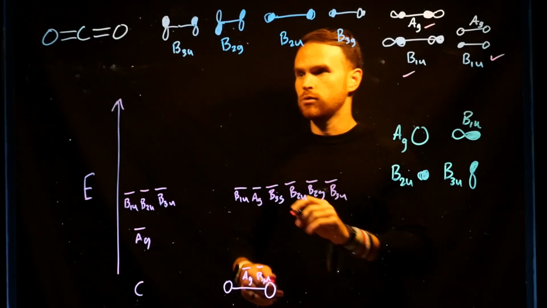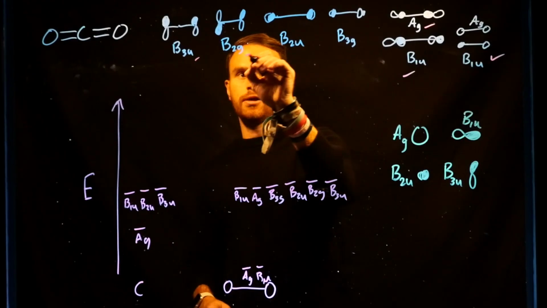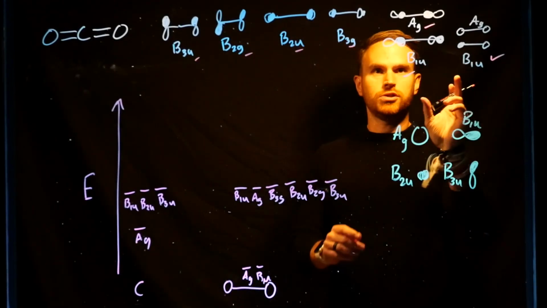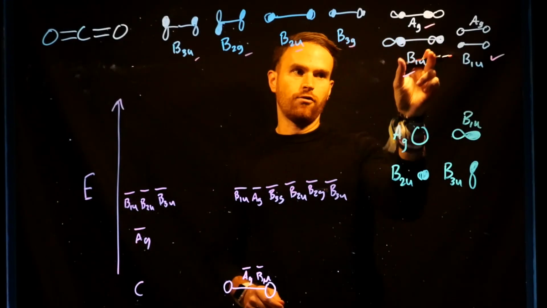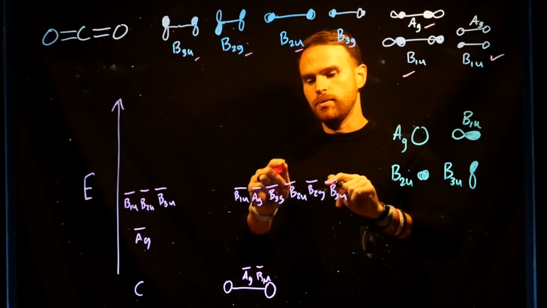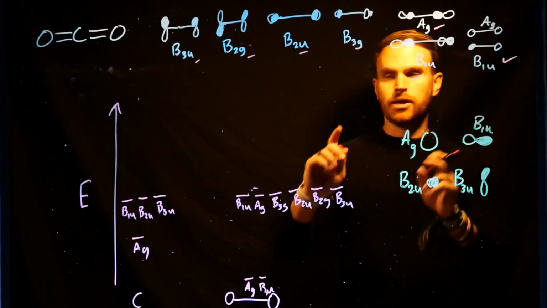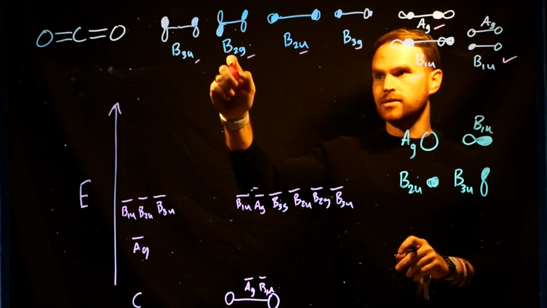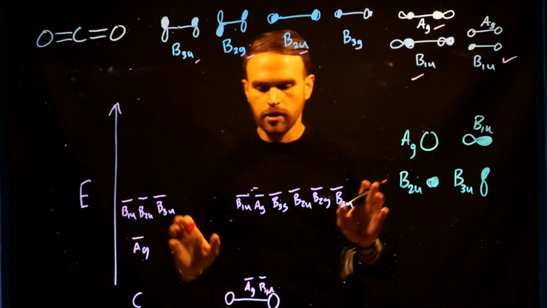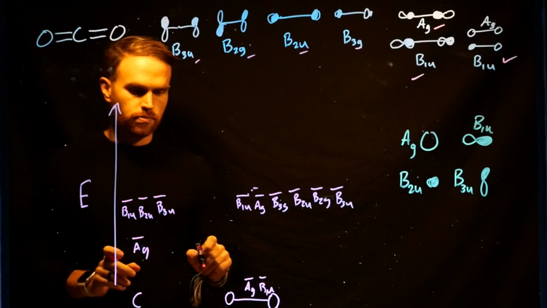And basically all of those can be thought of as being very similar in energy. In fact, the B1u is going to be a little bit higher. So, in reality, it may be just right here when looking at the overlap and the orientation of the axis. Same for the B2g. But for our purposes, not super important.